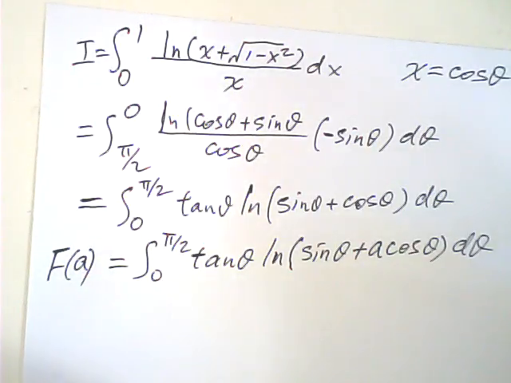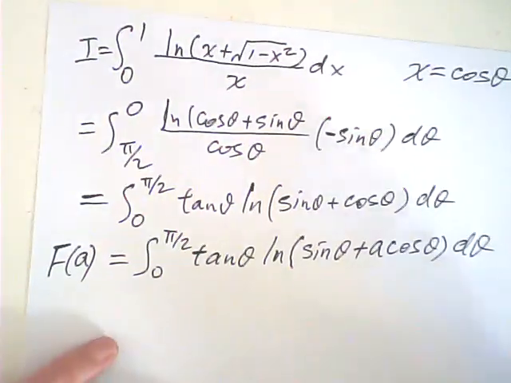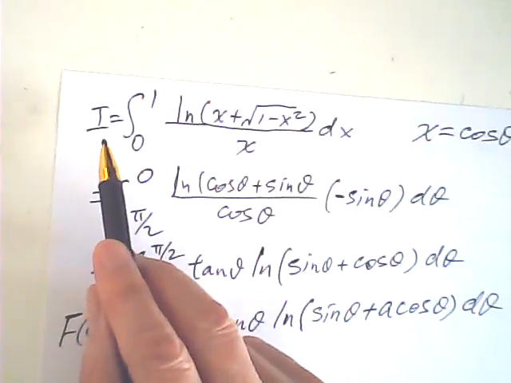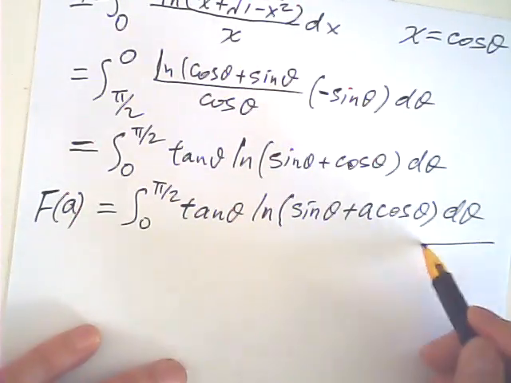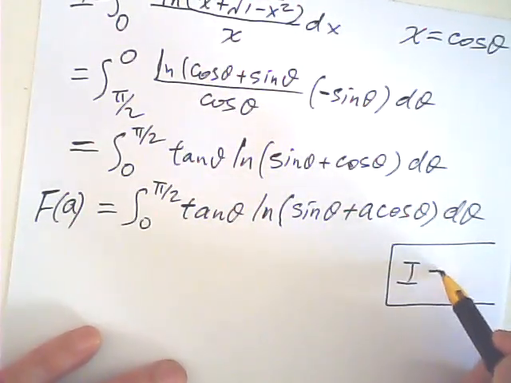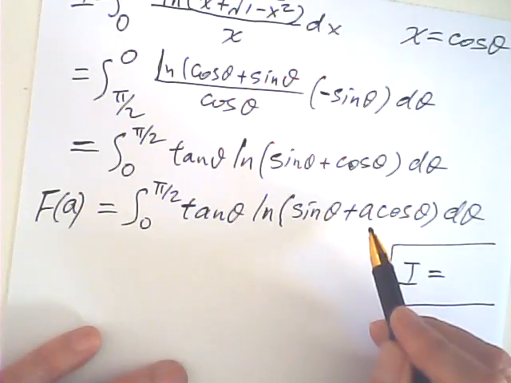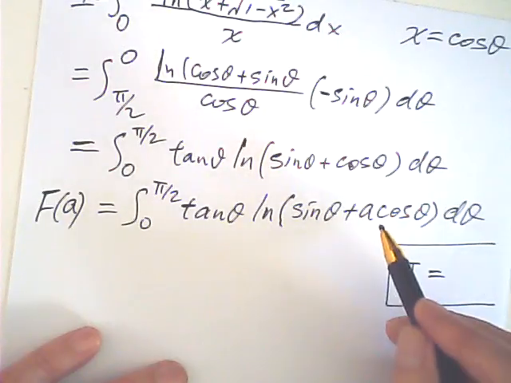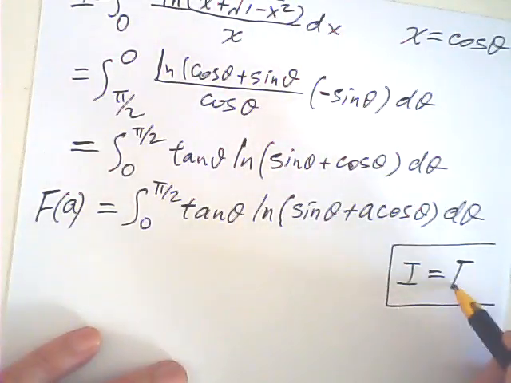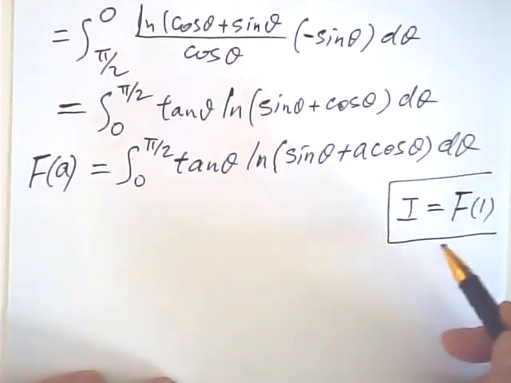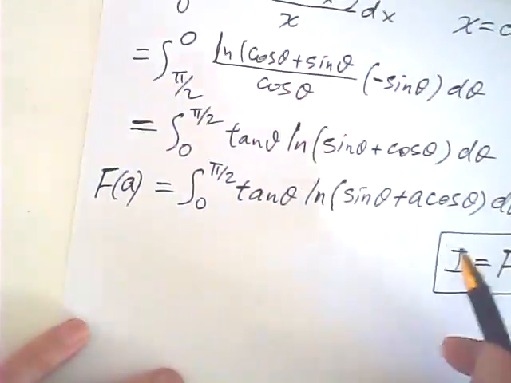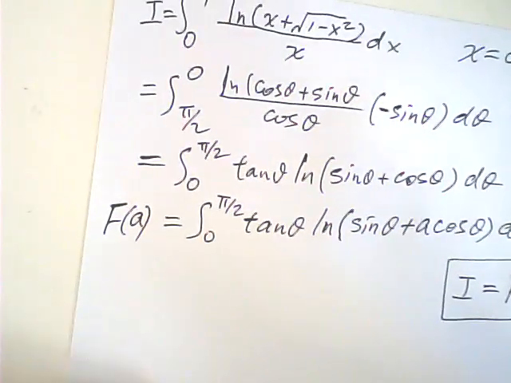All right. So my objective integral is when a equals 1. So this is f of 1. That is my integral when a equals 1. Right?